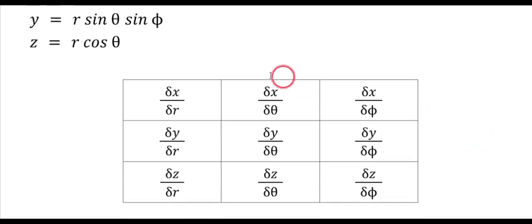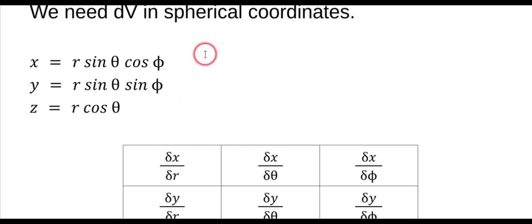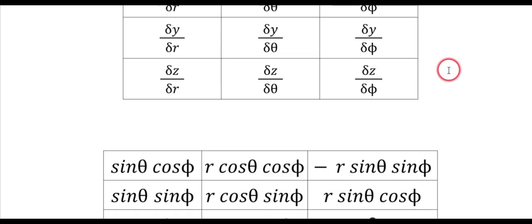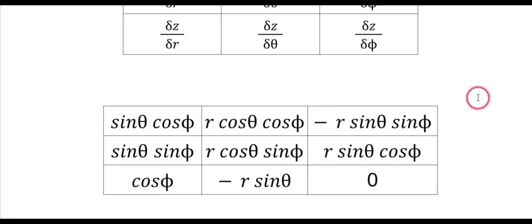I'm getting excited. Okay, you write down the Jacobian, the matrix for the transformation. So you have to take the partial derivative of all of this with respect to all three variables. So you have x across here, y, and then z, and then r, theta, and then phi. You take all those partial derivatives, you put them in this matrix, and the way you get your volume element is you take the determinant of this.